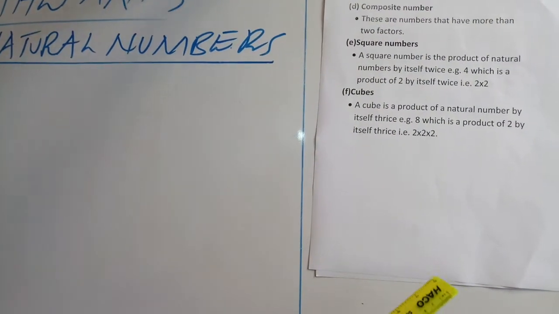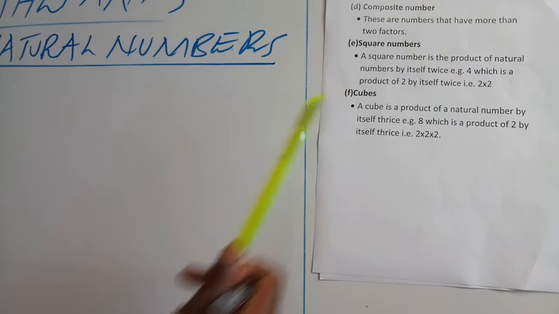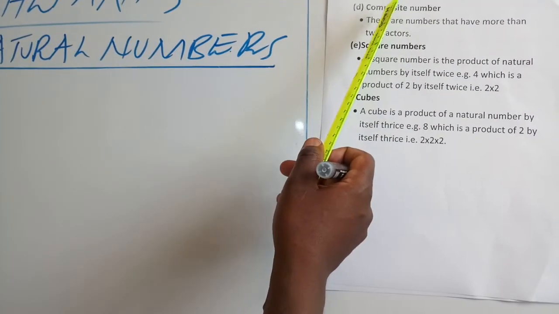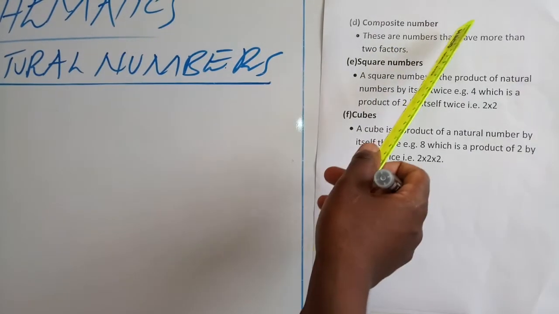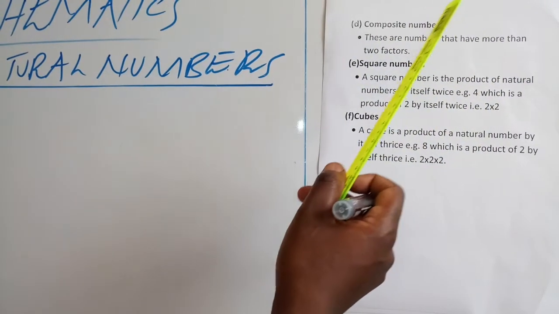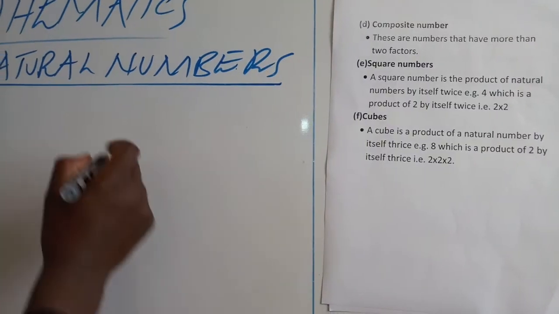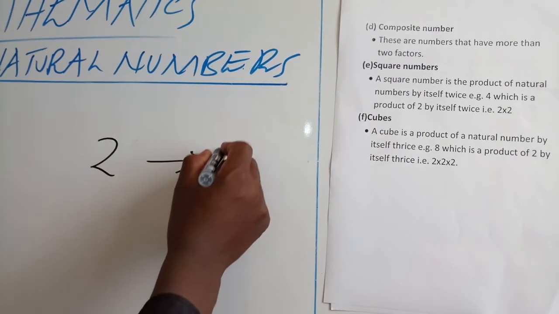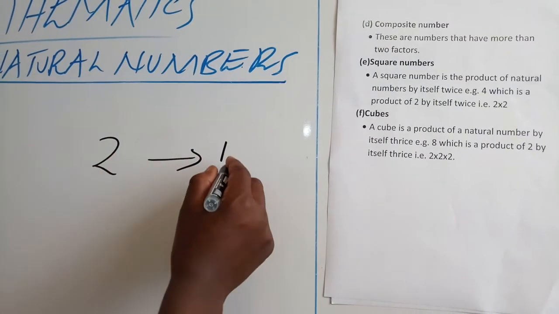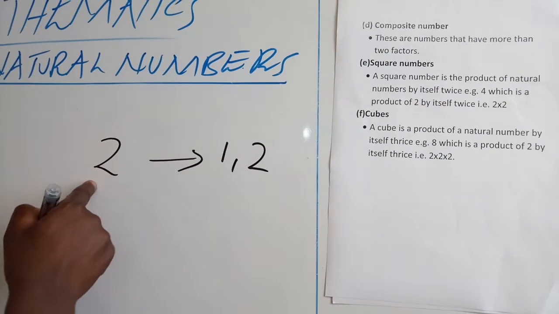Now we go to our fourth classification. What do we have? Composite numbers. Now, what are composite numbers? Numbers which have more than 2 factors. So we said 2 has how many factors? Only 2. What is that? 1, which goes there 2, and 2, which goes there once.